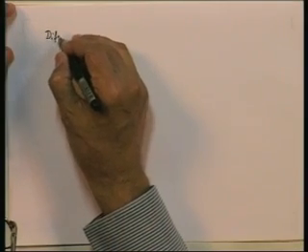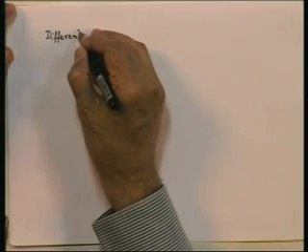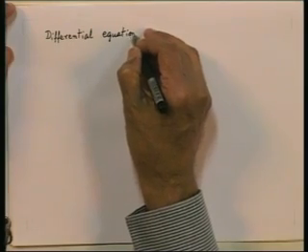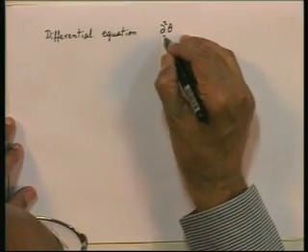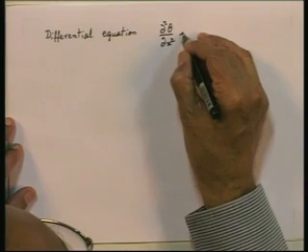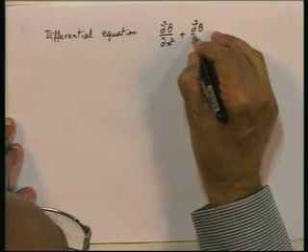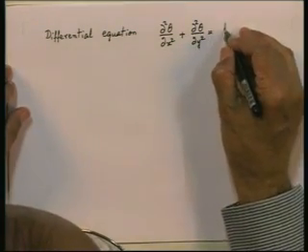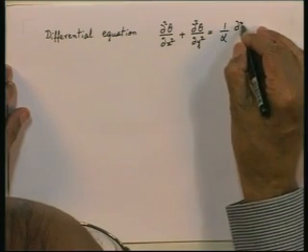First of all, the differential equation: go back to the general differential equation and take T as a function of x, y and time, eliminate the heat generation term, take k equal to constant, and you will get the differential equation straight away as d 2 theta dx squared plus d 2 theta dy squared is equal to 1 upon alpha d theta dt.